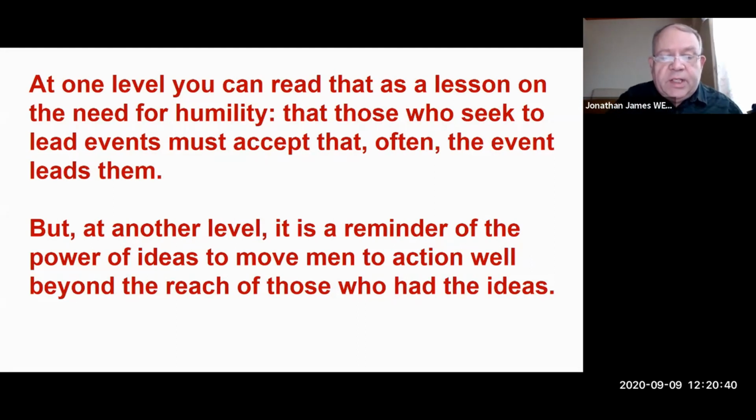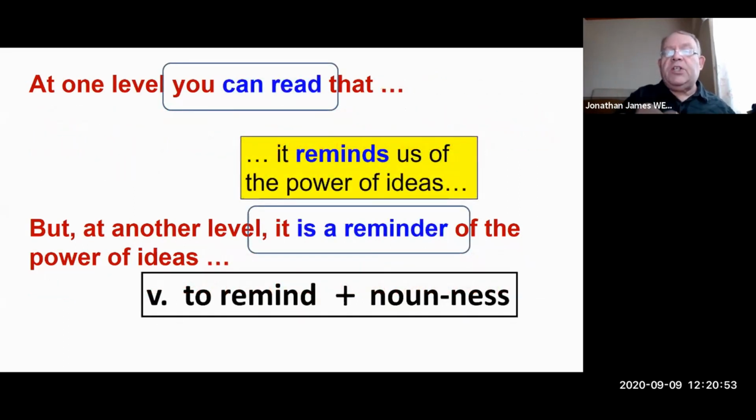But at another level, it is the reminder of the power of ideas to movement, to action, well beyond the reach of those who had the ideas. Now, what did we say last time? If you remember, we noticed that at this level, there's a difference, though.